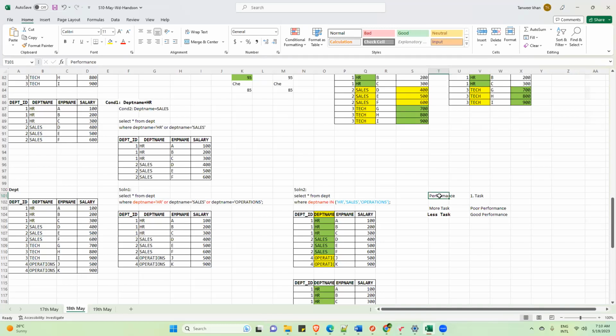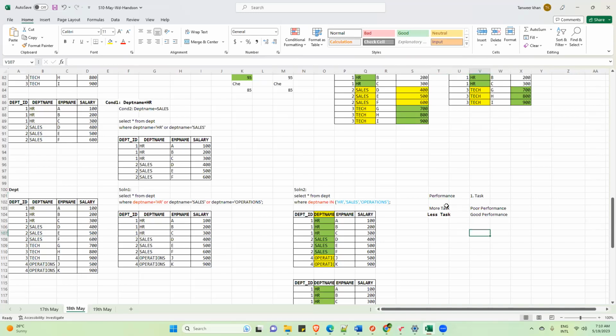Good. So whenever there is a question related to performance, you have to check the number of tasks.